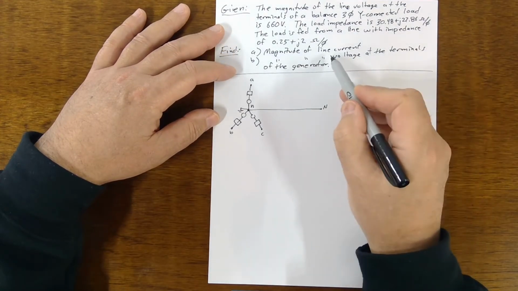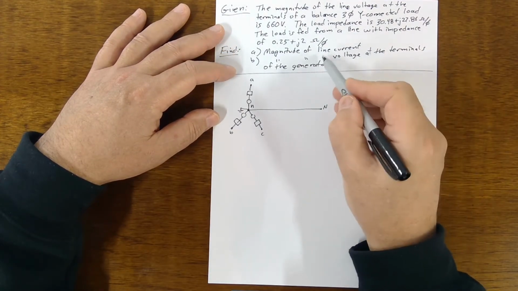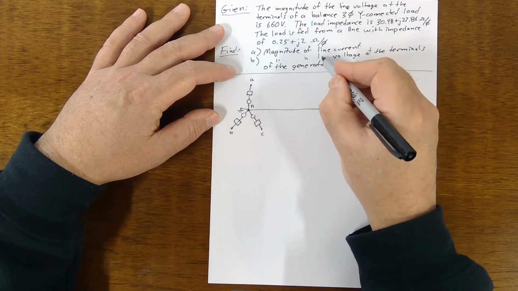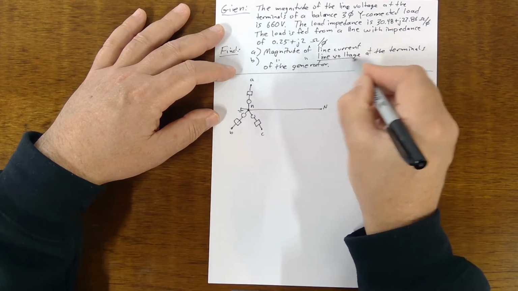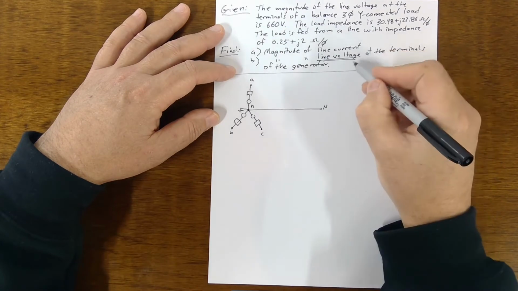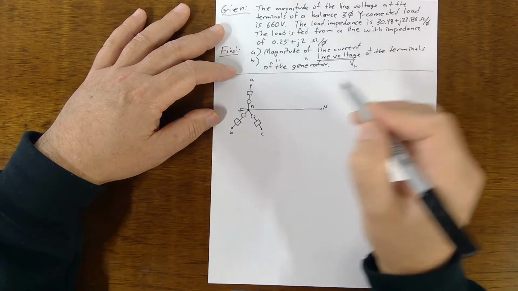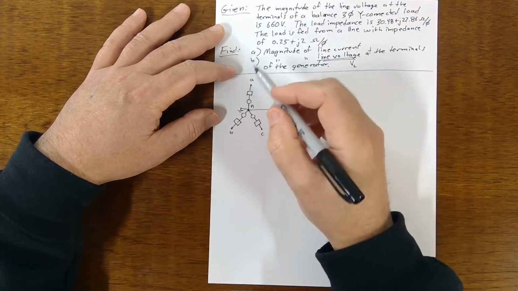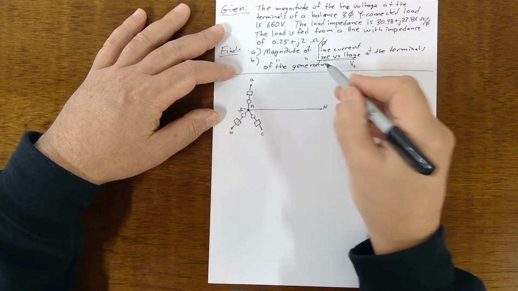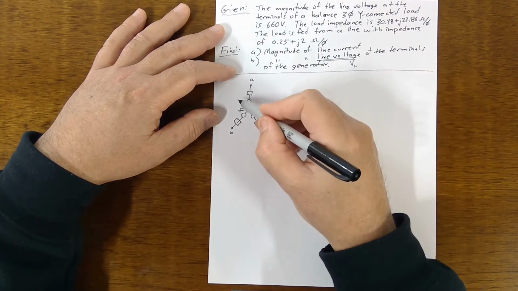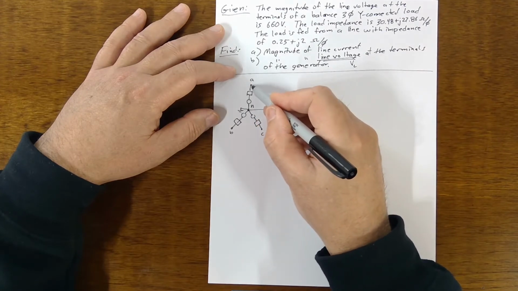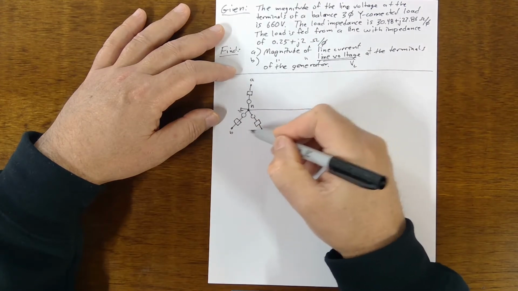Actually, the line voltage. They want, we should write that out, the line voltage. So this is V sub L, all right, and that's line to line. When they say line voltage, they mean line to line. So either AB or AC or BC.